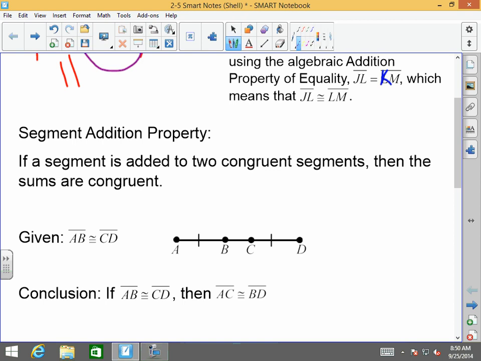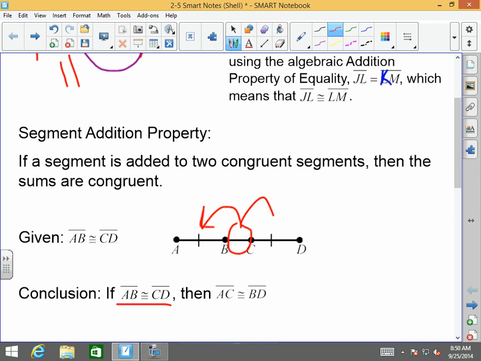Why? Because since I know that AB is congruent to CD, that was our given, if I add BC to AB and I add BC to CD, then I know that AC will be congruent to BD. Does that make sense, gentlemen?